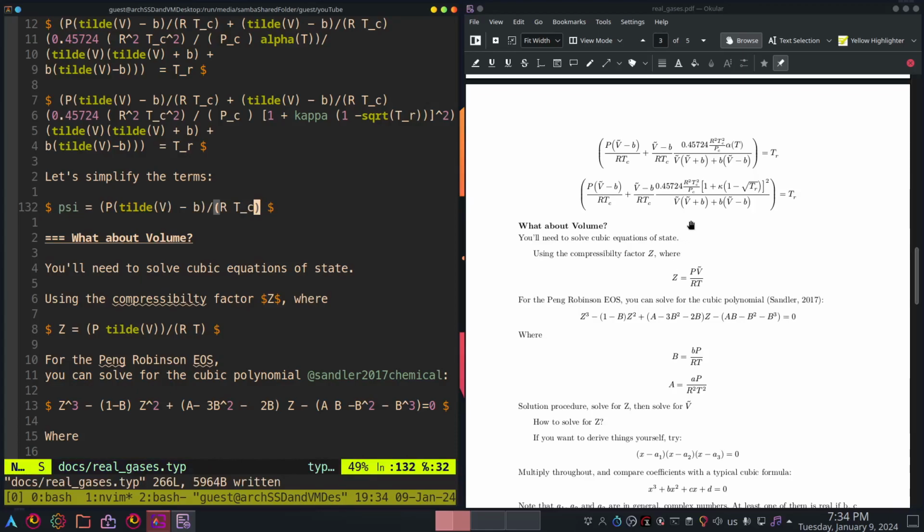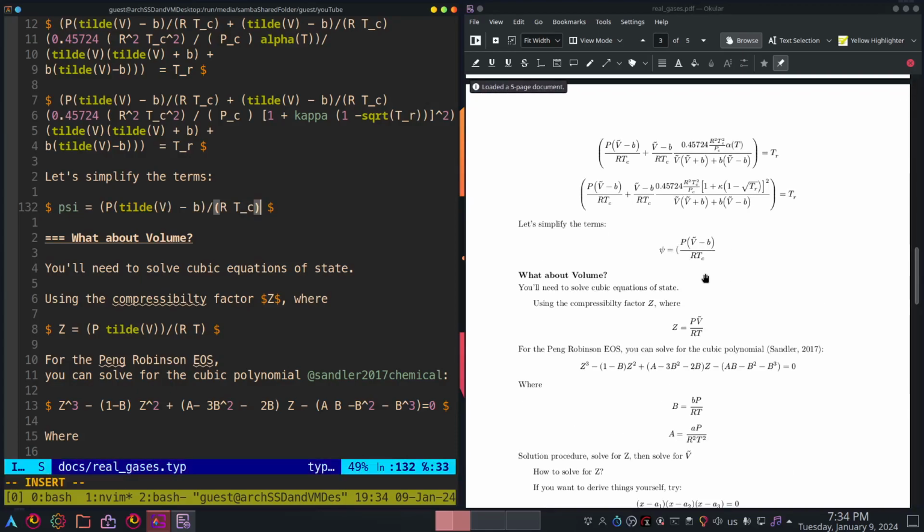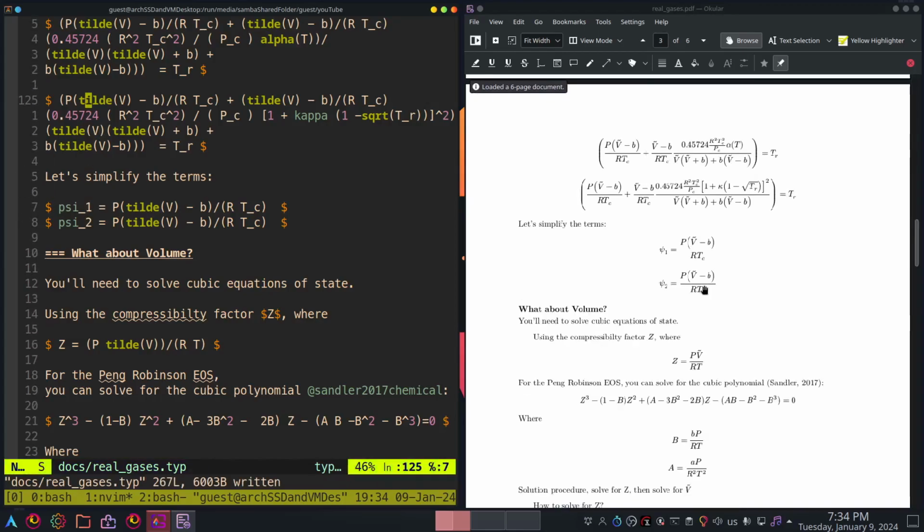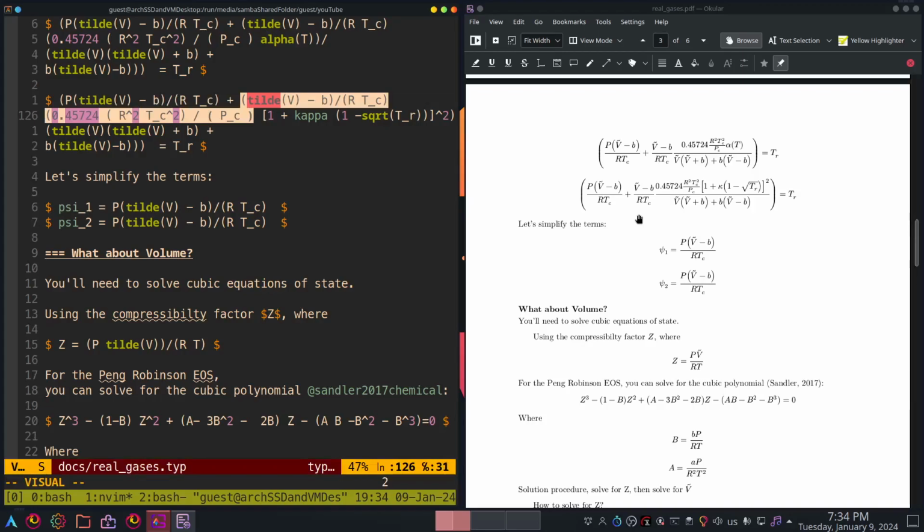I'm going to let psi equal this thing over here. This first term on the left will be called psi 1 and psi 2. The psi 2 is this whole thing right here, just short of the kappa. That's the coefficient of the kappa thingy.